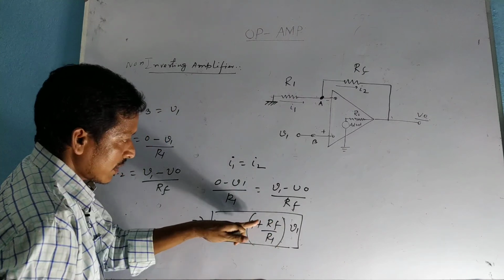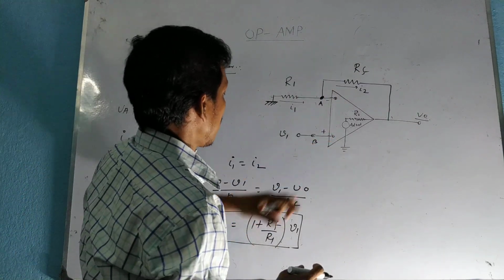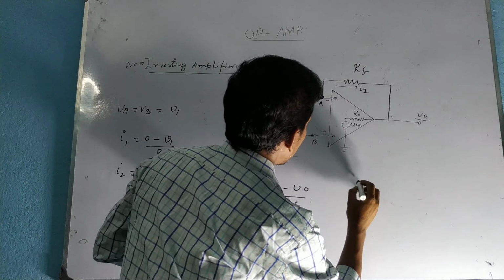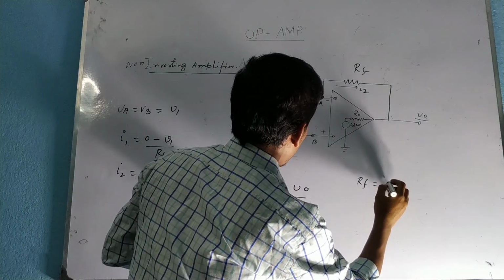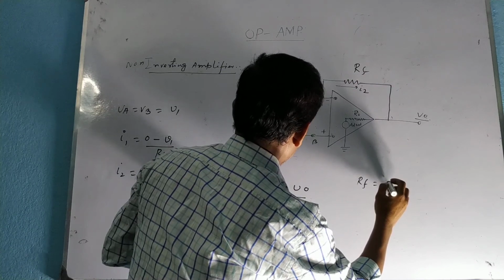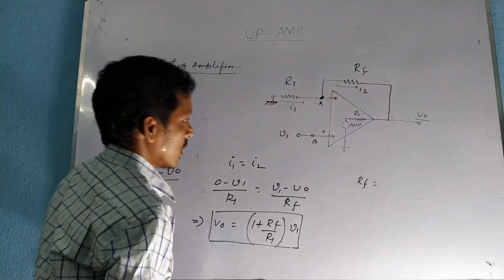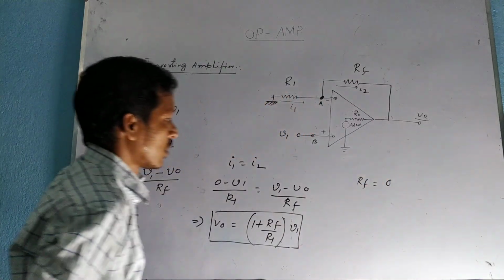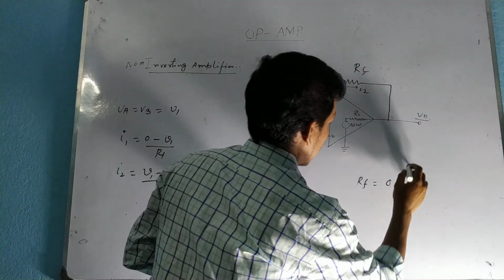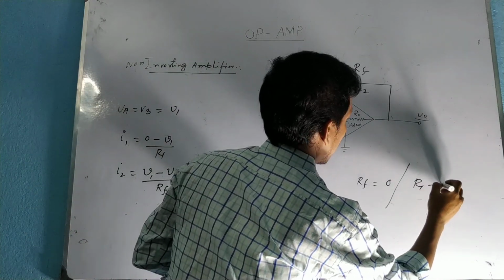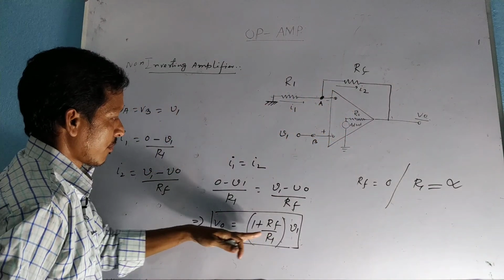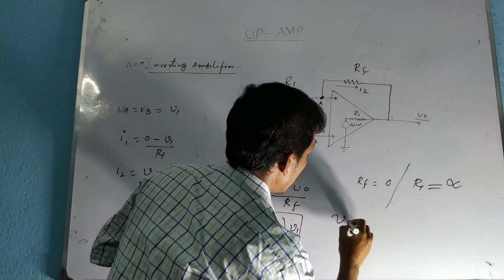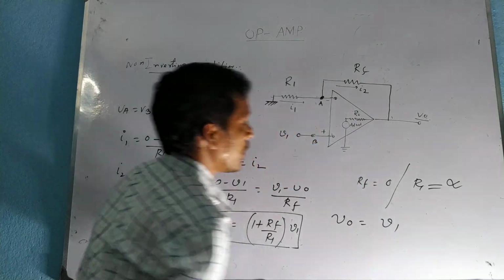In the non-inverting amplifier, if we choose the value of RF equal to 0 and or R1 equal to infinity, then what will be the value of V0? V0 will be V1.